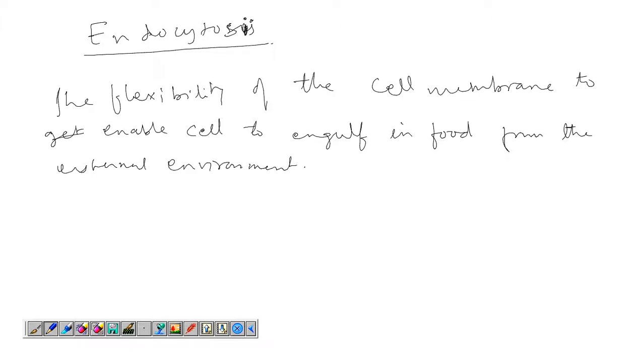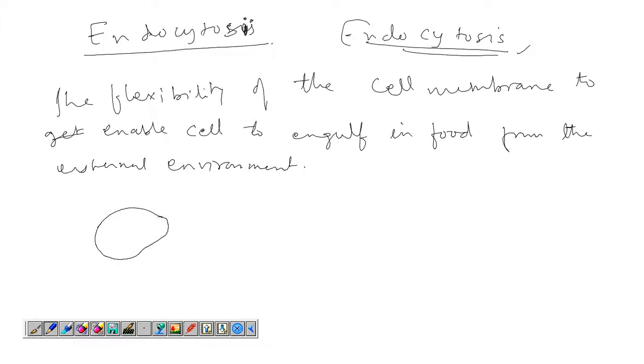So endocytosis is the process by which unicellular organisms get their food by engulfing food from the outer environment. By the picture I'm going to show you how it happens.